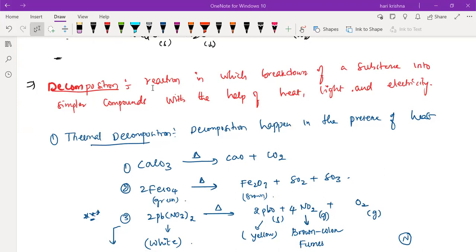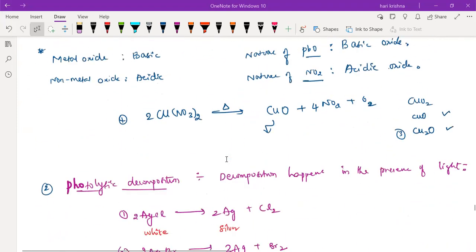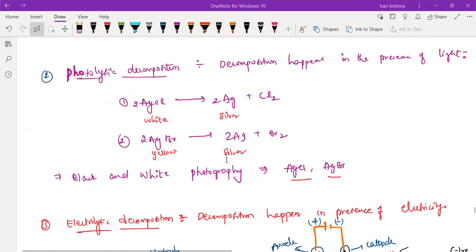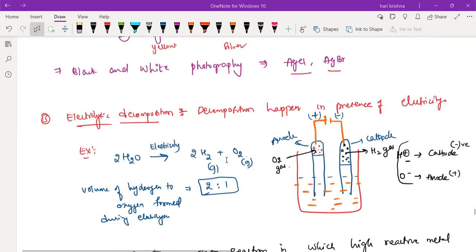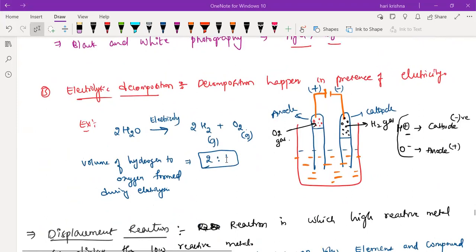That is called a decomposition reaction. Decompositions are of 3 types: thermal decomposition, photolytic decomposition, and electrolytic decomposition. Yes, I got it.